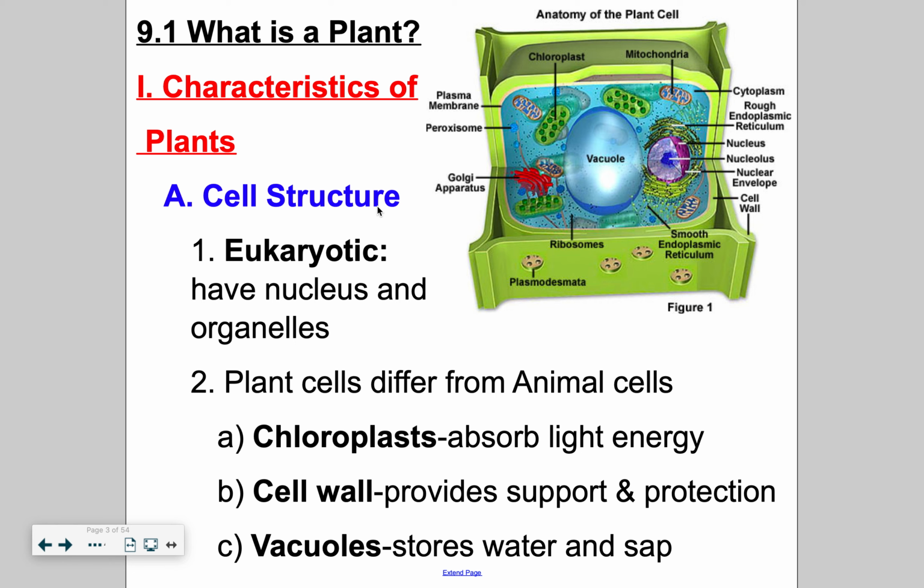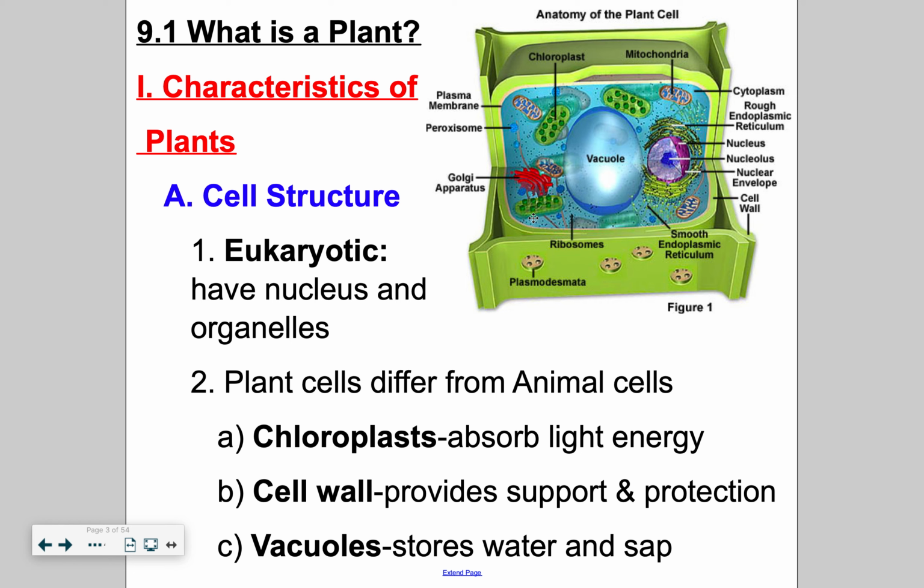Number one, plant cells have chloroplasts. The chloroplast, located here and here and here, is an organelle that absorbs light energy to make sugar. This is where photosynthesis occurs. Another key difference between plant cells and animal cells is that plant cells have a cell wall.